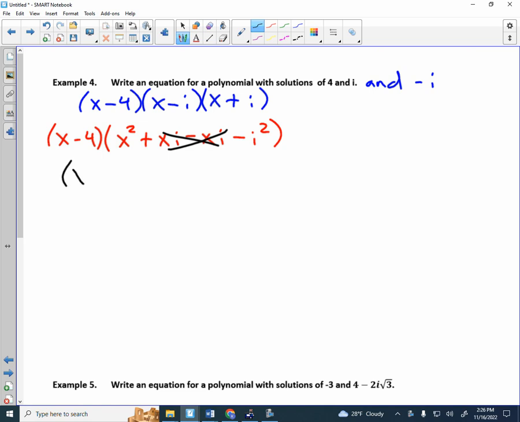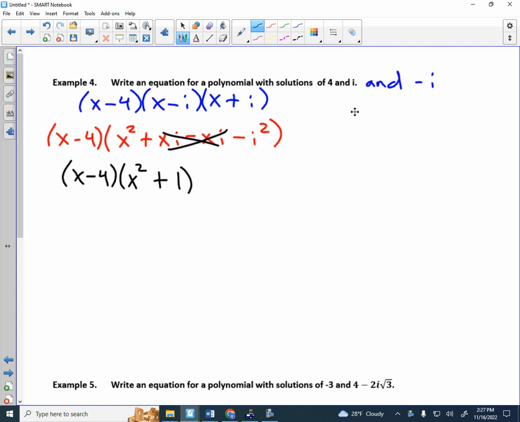So you can see you have x minus 4 times x squared, what? Plus 1. i squared is negative 1, and then you make it negative due to the negative, so it becomes positive. We good? All right, that's not polynomial form. It's still a factored form, but what's nice is that you do have all of the i's gone.